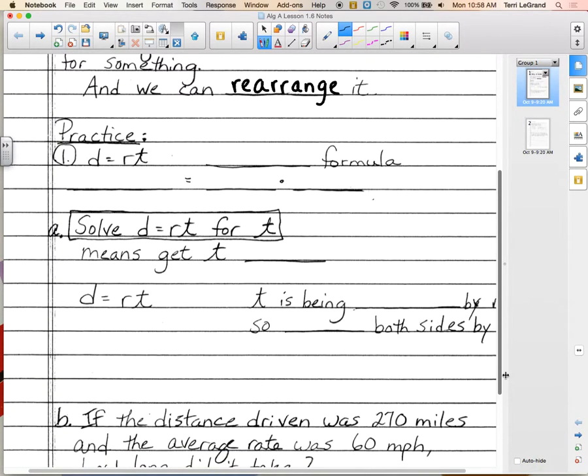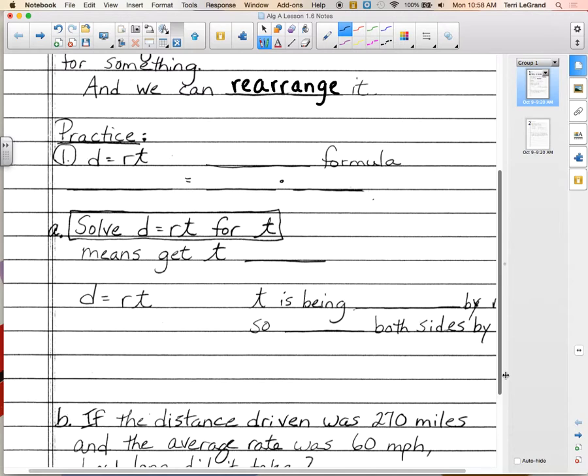So here's a practice for us. Does anybody happen to know what formula this is? D equals RT, or little d equals little r times little t. Cody, what is that? Diameter equals radius. Little d often does stand for diameter.